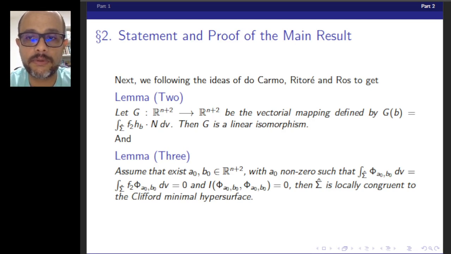If you read carefully, the first three conditions imply that phi_{a_0,b_0} is in the kernel of the J operator. So it's a very, very nice property.